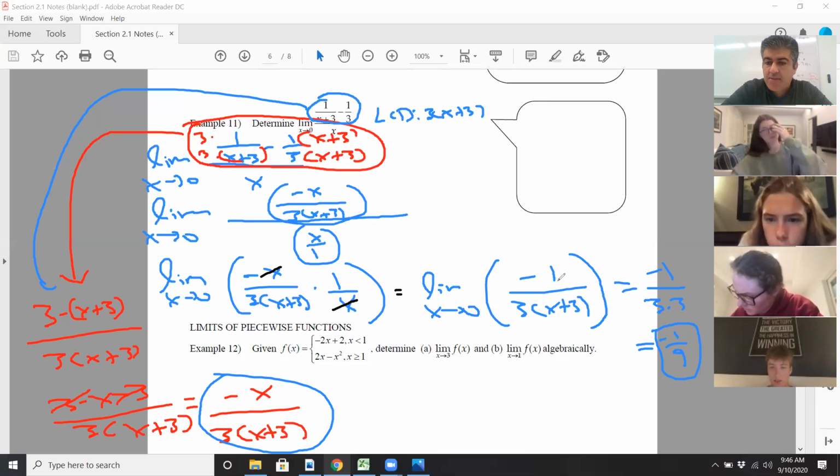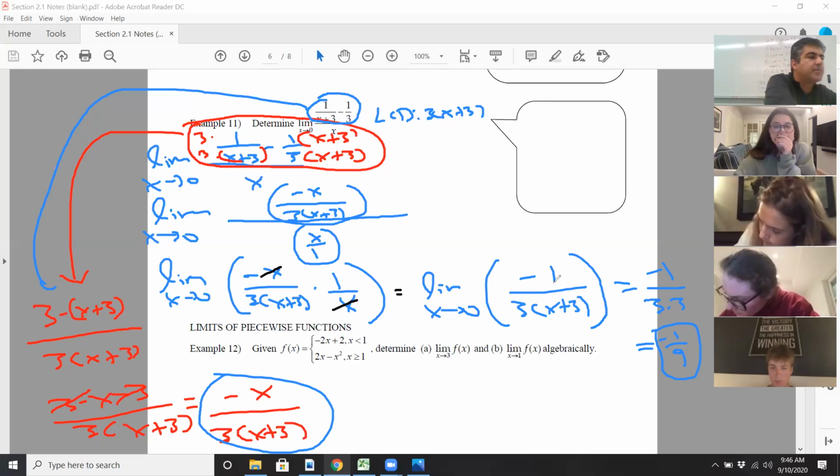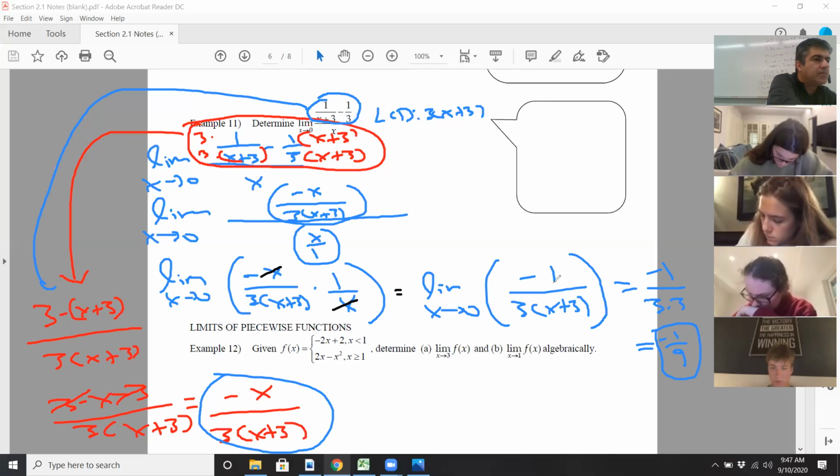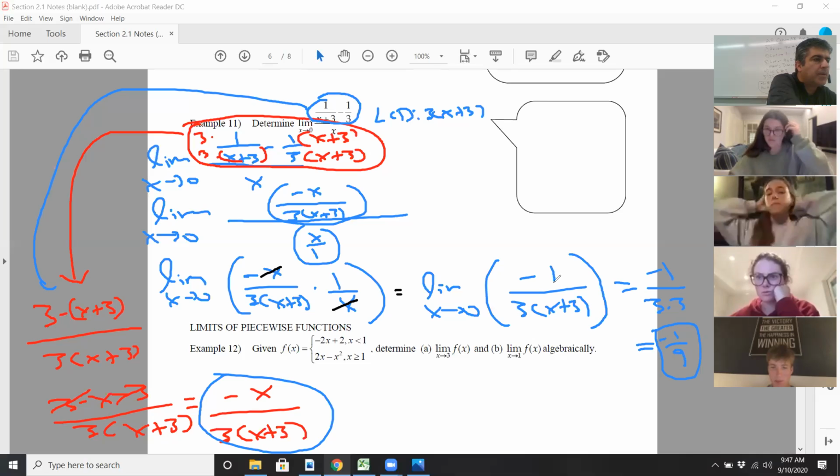So you'll have a chance to practice this as well. Any questions about example 11? Just to summarize, let me just pull something here. One second, just pulling it up here real quickly.